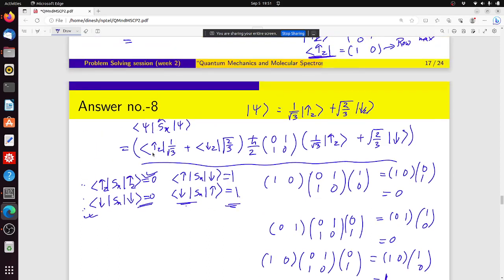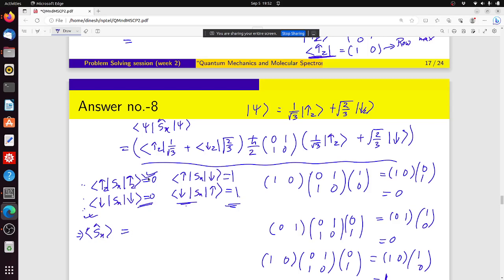So if we put this in the above equation, calculating the expectation value, we are calculating the spin expectation in x direction.